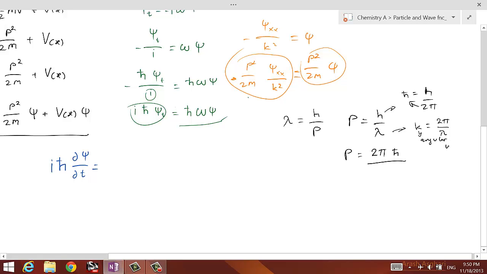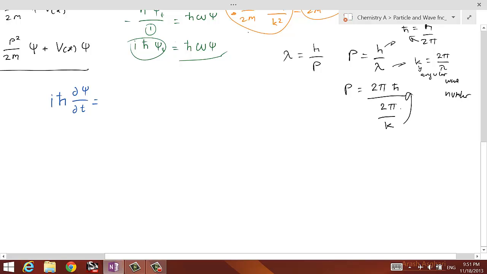I move lambda up and move k down, so I get 2 pi over k, and I pull the k up because it divides. So p equals 2 pi h bar k over 2 pi. The 2 pi cancels. Momentum is h bar multiplied by the angular wave number.